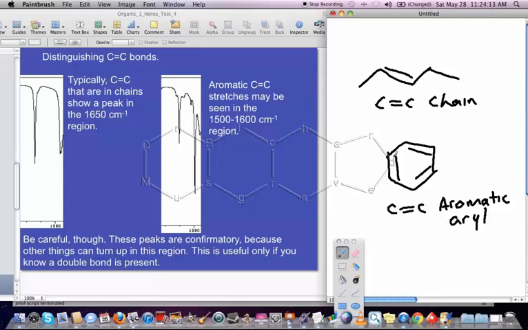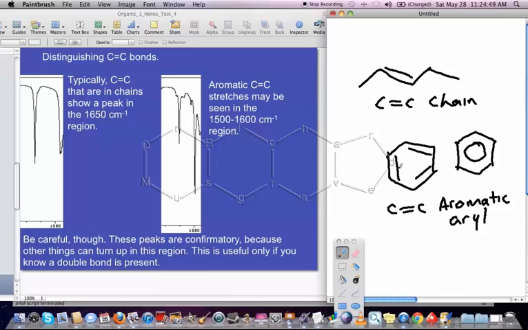Alright, so what we're going to see is that a C double bond C that's part of a chain will usually be around 1650 wave numbers, and a C double bond C that's part of an aromatic ring will be around 1500 to 1600 wave numbers. So aromatic rings will typically be at lower frequencies for their C double bond C stretches. The reason for that is because an aromatic ring is subject to resonance, and often we see the aromatic ring presented with a circle, indicating that the double bonds are not really true double bonds.